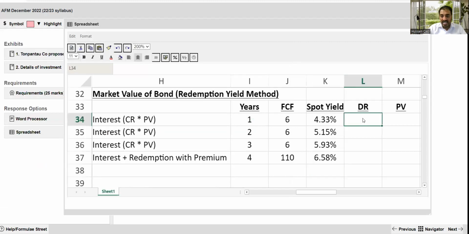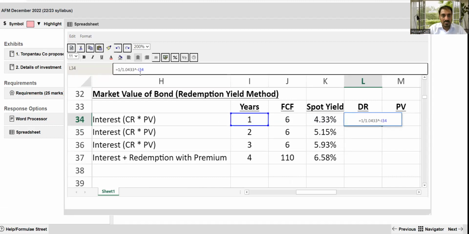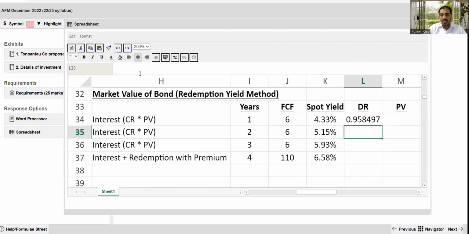Now work out: discount factor is equal to 1 divided by 1 plus this rate, power minus 1. That is 1 divided by 1.0433 power minus 1, which is 0.958497.